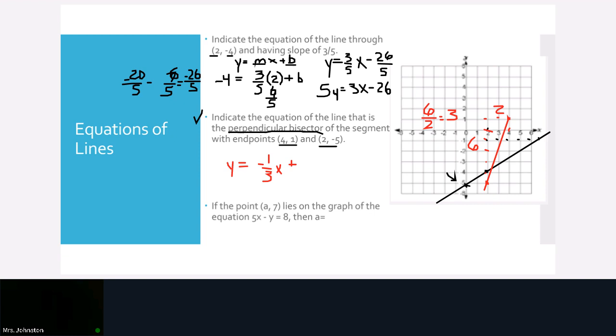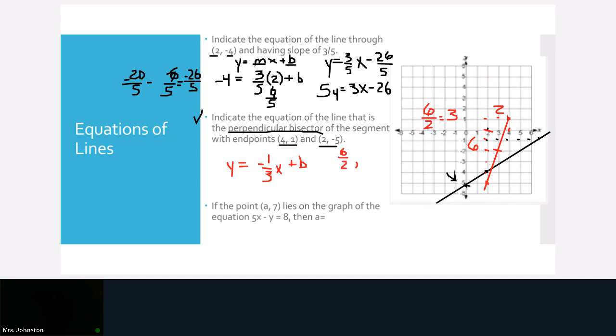Now at least I have the slope, but I don't have any points on this line. I know that it's going to be going through somewhere around here because it's going to bisect that line. To find the midpoint would give me all the information I need. So 4 plus 2 is 6 over 2 would be the midpoint's x term.